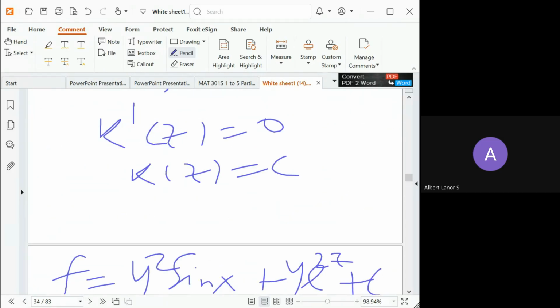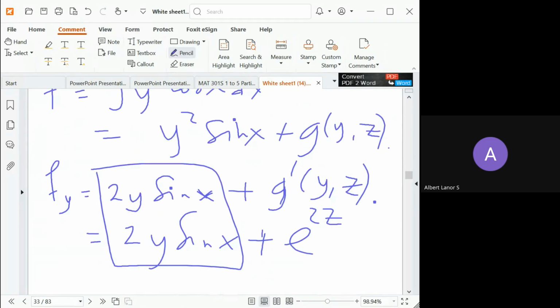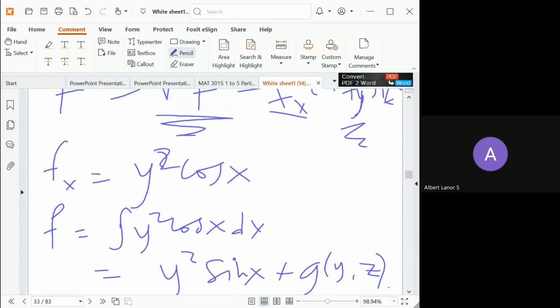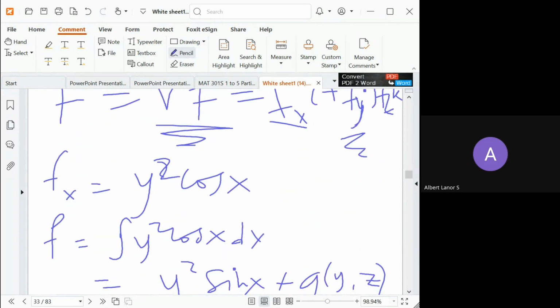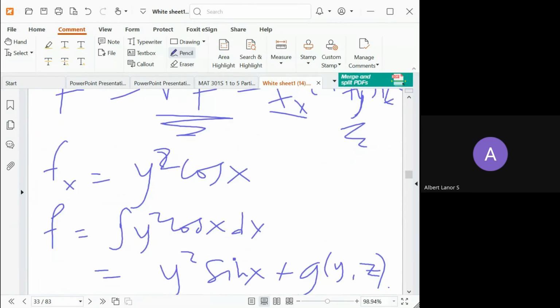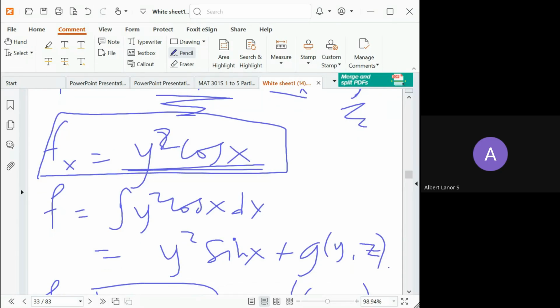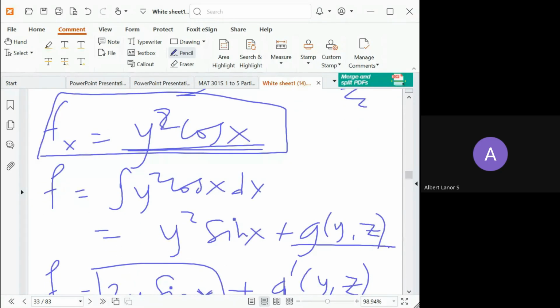So let me use the just previous example. Initially, we're given a certain f. Now, when you take the first term, we'll say that the first term is f_x. So if I want to get the value of f, I'll integrate it with respect to x. But there will be a constant term. Now that constant term will depend on the other variables, which are y and z.